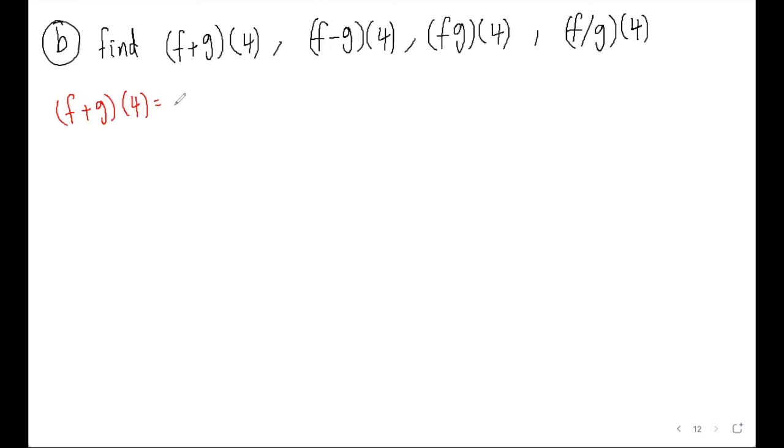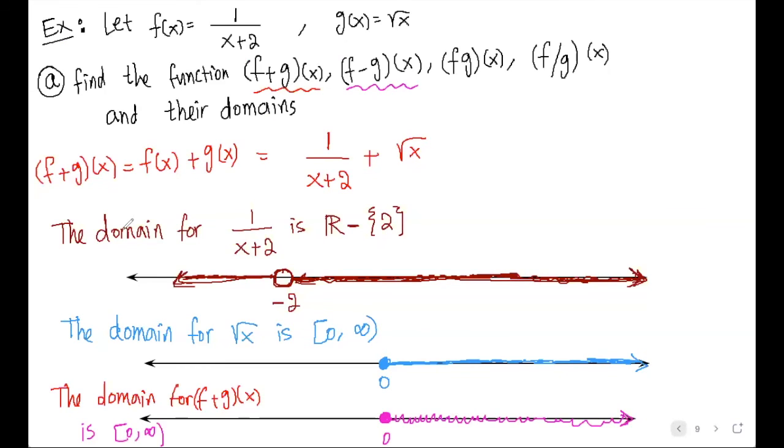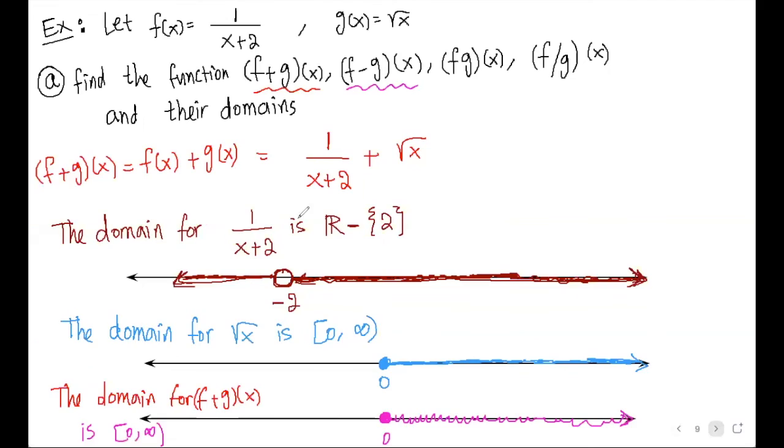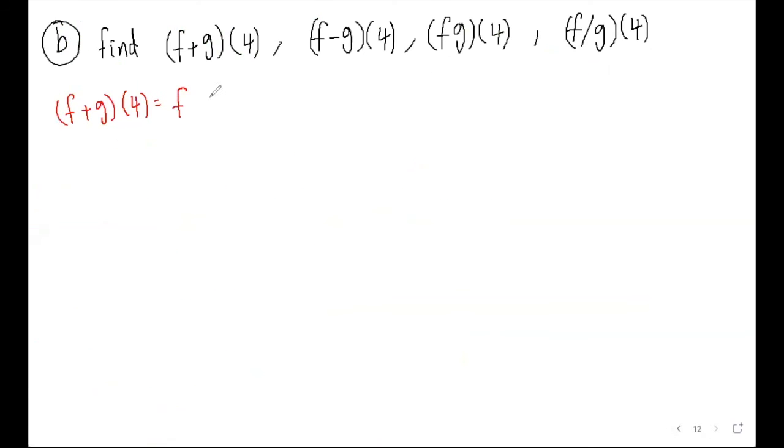What is that equal here? By using the formula, f plus g of x is f of x plus g of x. We are applying this for 4. So f of 4 plus g of 4. Now you plug the 4 inside the function. The function f of x equals 1 over x plus 2, and g of x equals square root of x.